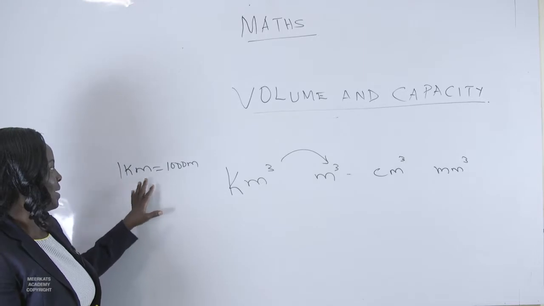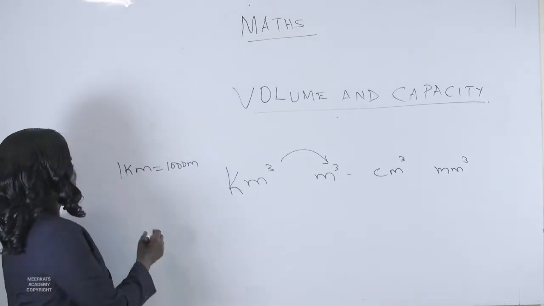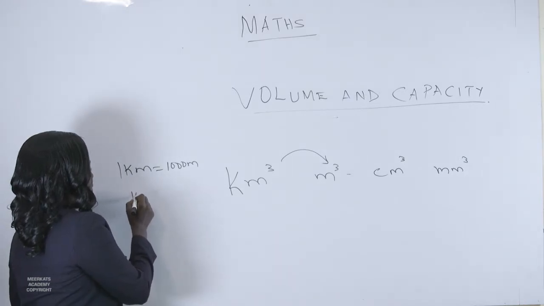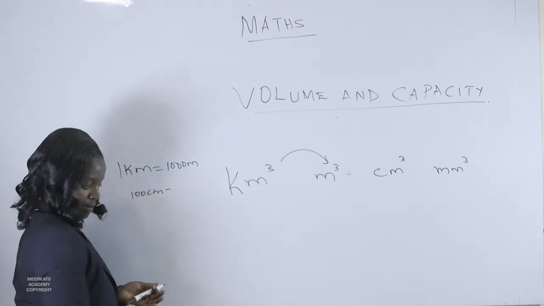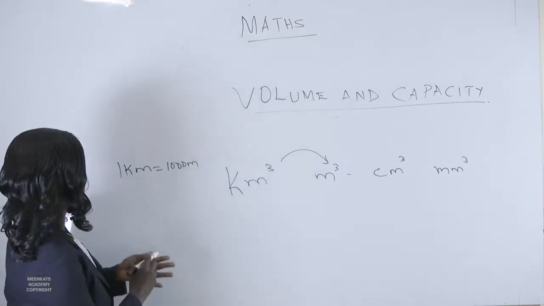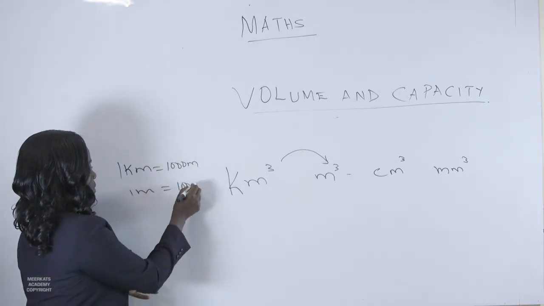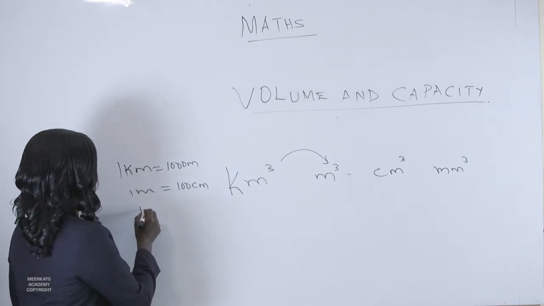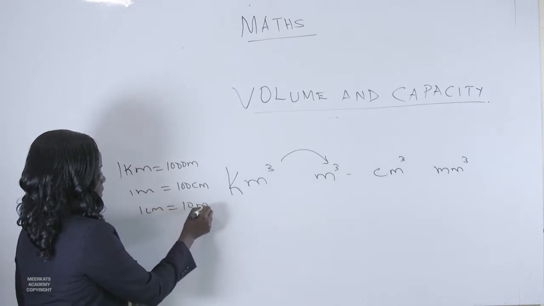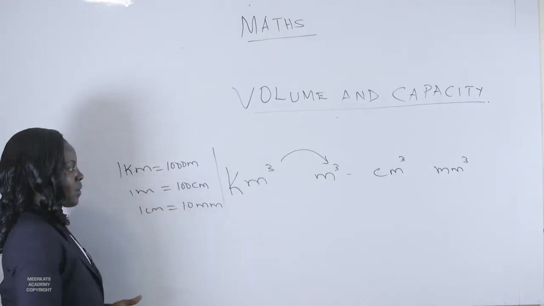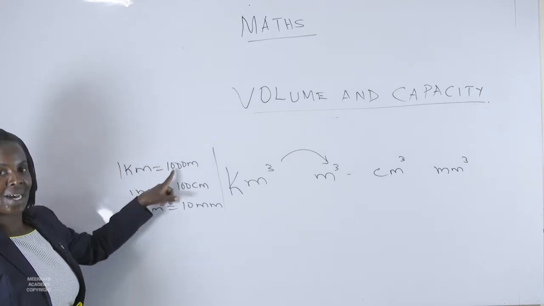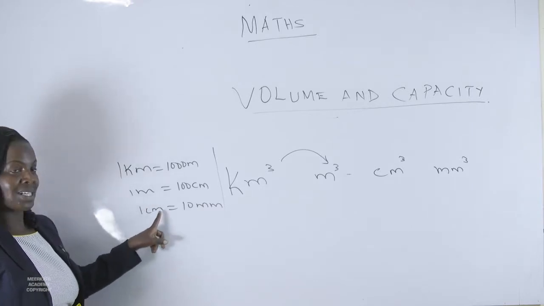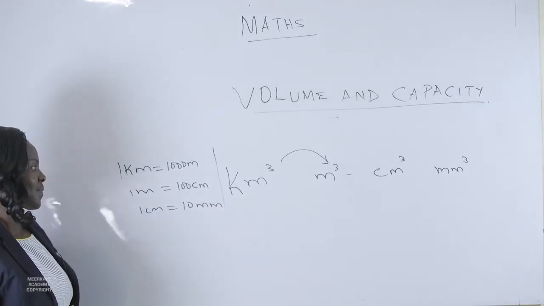You realize that we said 1 kilometer has 1,000 meters, 1 meter has 100 centimeters, and 1 centimeter has 10 millimeters.